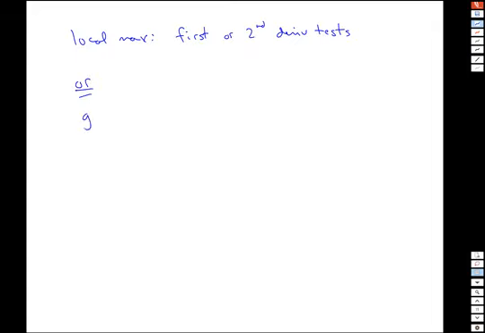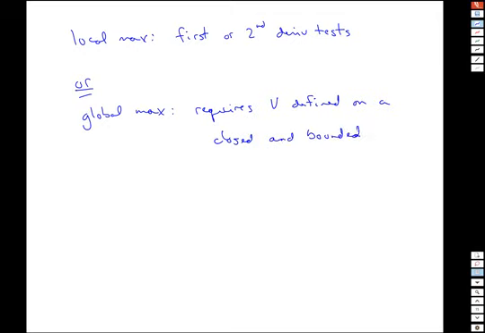Or we could ask for global max, and I think that was in one of the old exams as well. For global max, we only have one technique, and it requires that V here is defined on a closed and bounded interval.